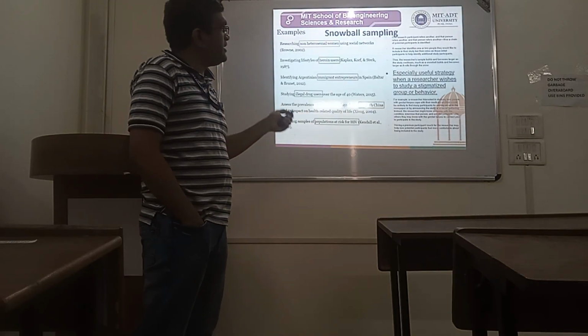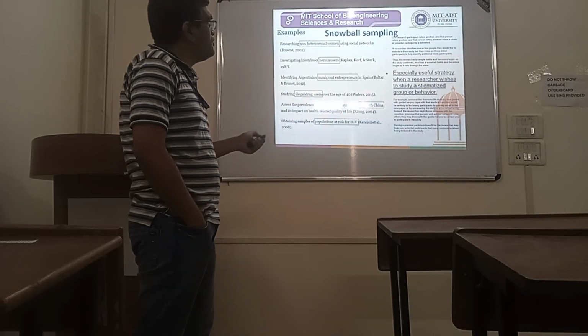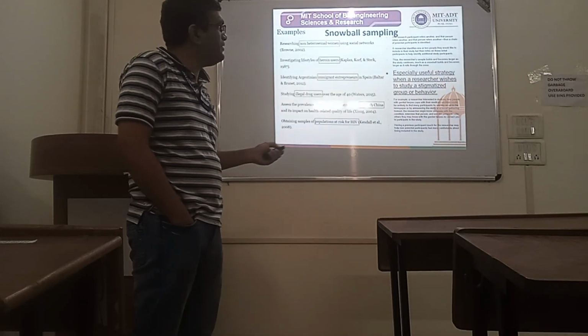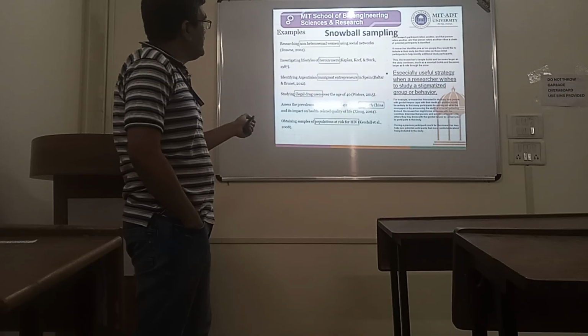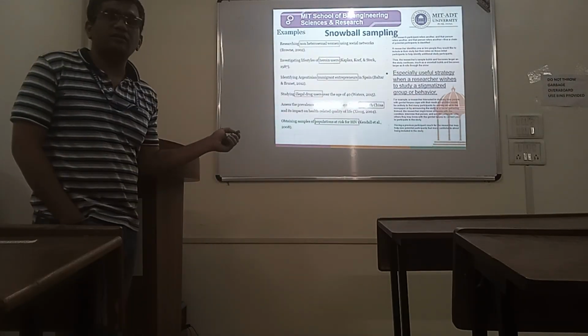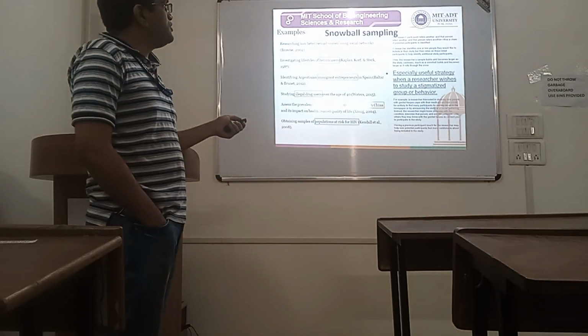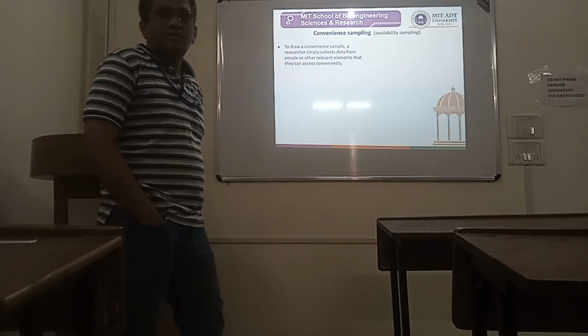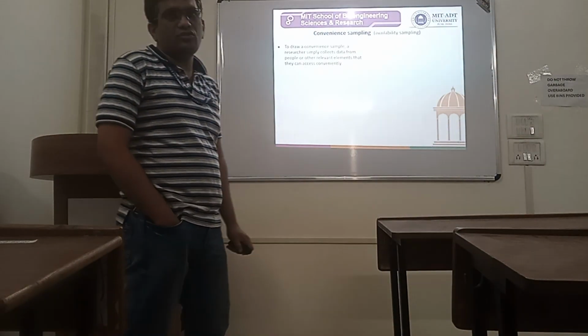So this sampling strategy is especially useful when a researcher wishes to study a stigmatized group or behavior. All these examples are good examples of socially stigmatized groups or behavior for which you can recruit the sample using snowball sampling.